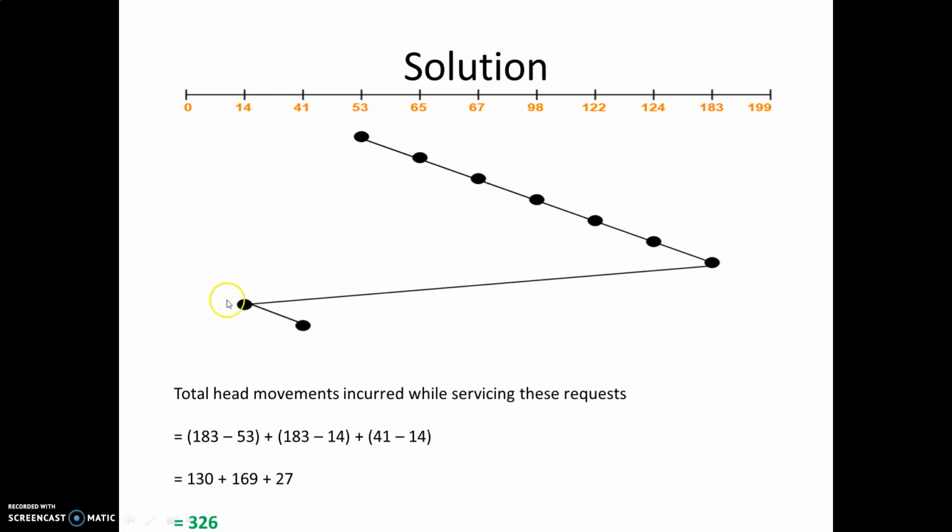Don't forget to calculate this value also: 183 minus 14 plus 41 minus 14. We are not going to do 14 minus 41 because we never have a negative value, so it is 41 minus 14. After doing the calculation, the total head movements you are going to get is 326.